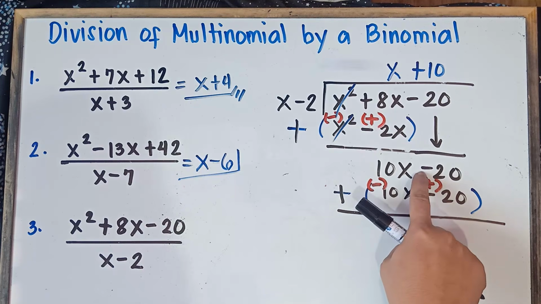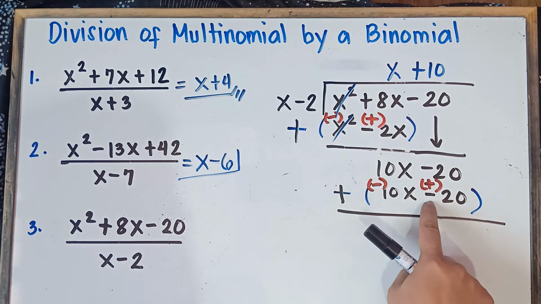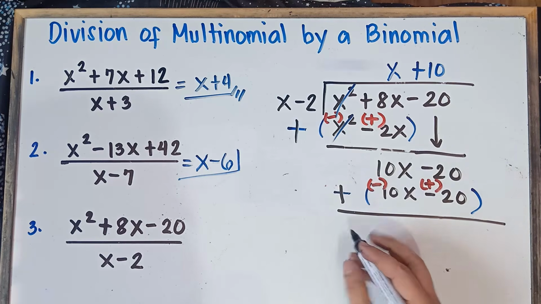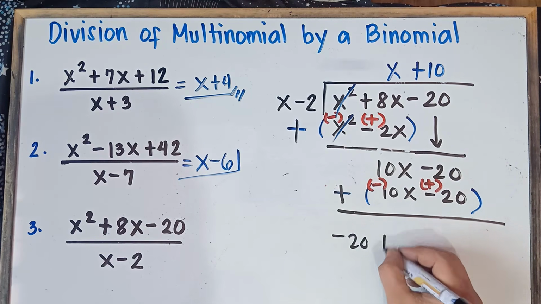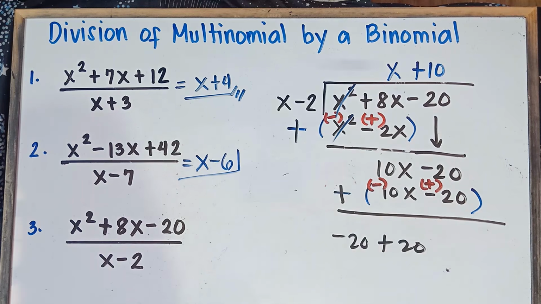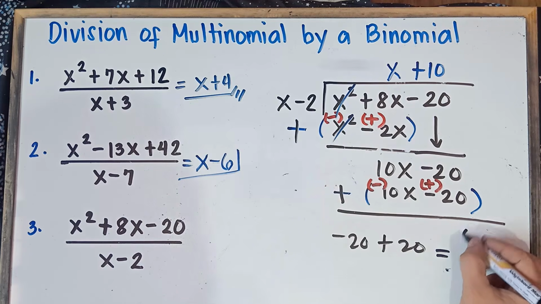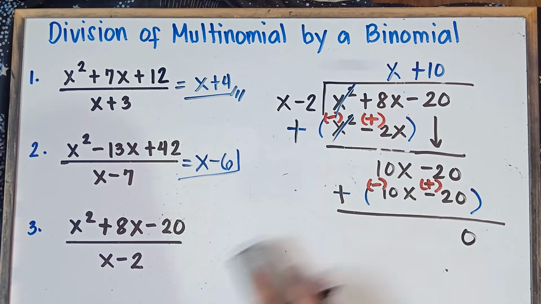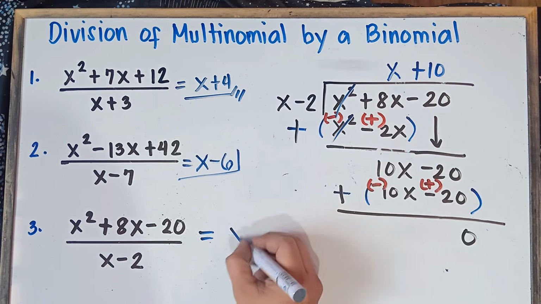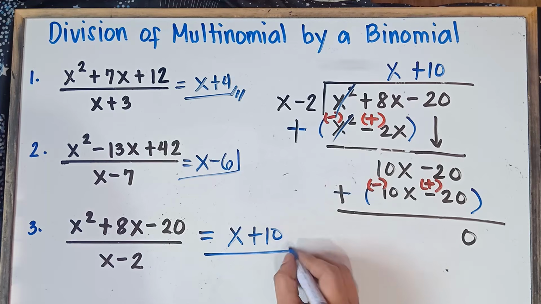And then negative 20 plus 20, the negative from a while ago becomes plus. Unlike signs, subtract: 20 minus 20 would be 0. That's it, class. All set. So the answer for example number 3 would be x plus 10.